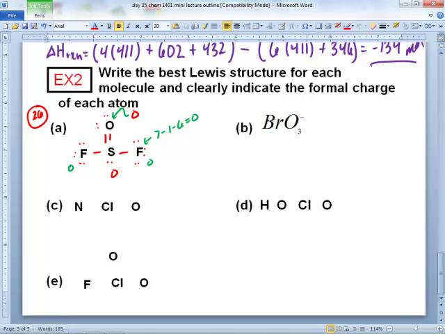So hopefully you're using 26 electrons for your bromate. So we see if we can make it better.